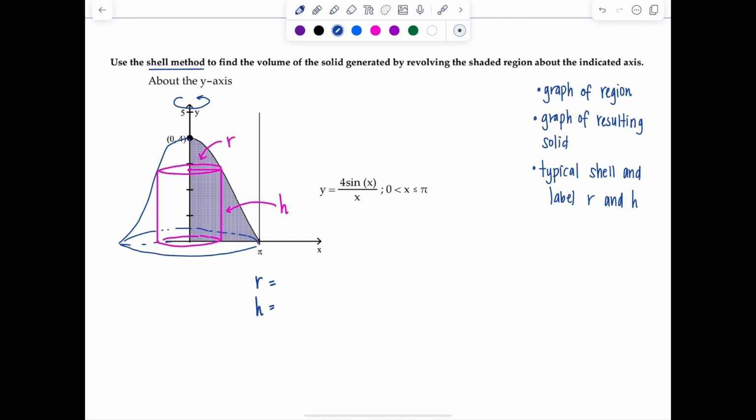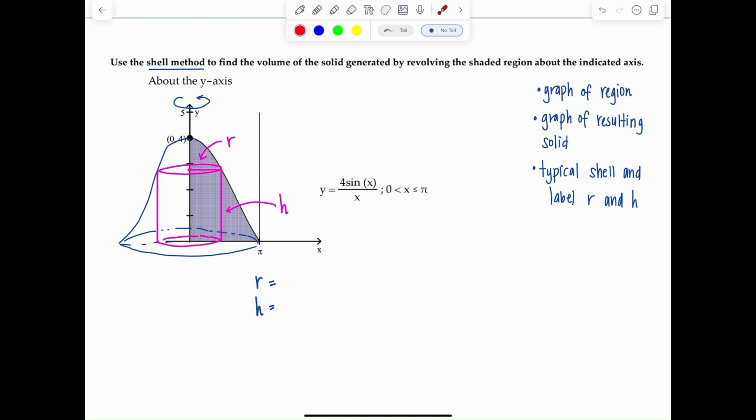Now, the radius will only involve, in this particular case, either x or y. How do we know what we're integrating with respect to? Well, look here. We're spinning around the y-axis, which goes this way, so I make cylindrical shells parallel to the axis of revolution.